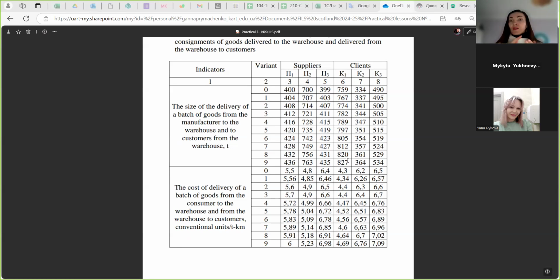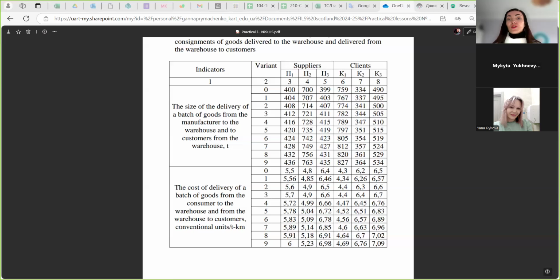After that, we write the same information for our second client, K2, client number 2. So we write add, or plus, and the same parameters for client number 2. We need to find the tariff. It is our last line in the table, but the second column from the end.